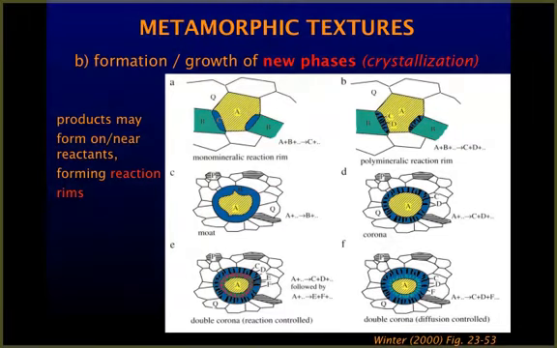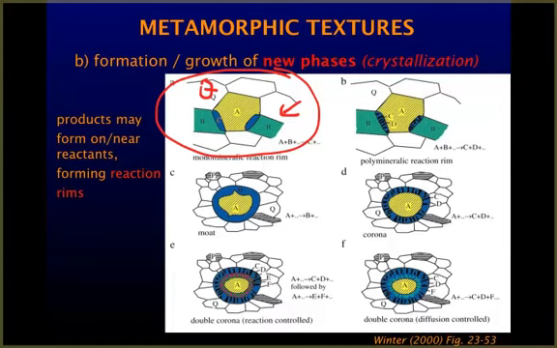You might see reactions between minerals where, if you're considering a rock like this one, you have a mineral A in a matrix of, that Q must stand for quartz, mineral A in a matrix of quartz. And there's also mineral B, this might be biotite, who knows.